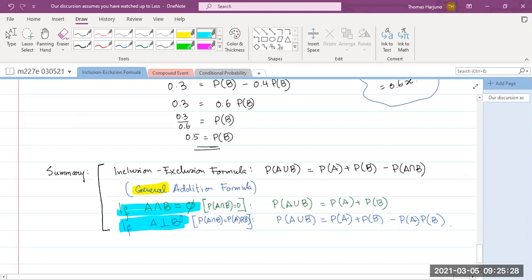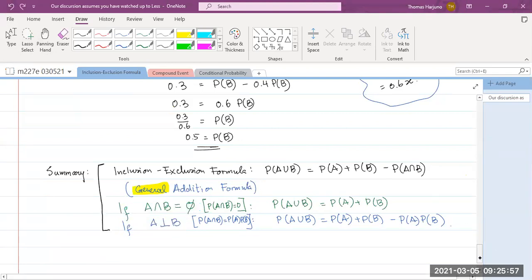In fact, once two events are disjoint, then they are not independent anymore. That's the philosophical conclusion. If these two events cannot happen at the same time, then they are not independent, because knowing A happens, we know for sure B cannot happen. That's for this inclusion exclusion formula.